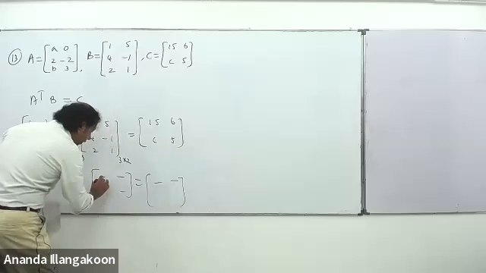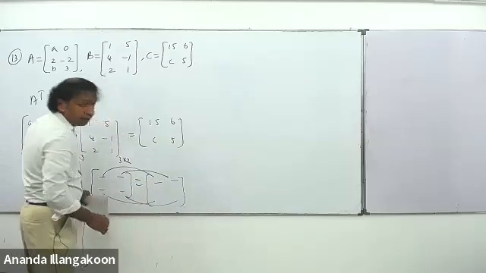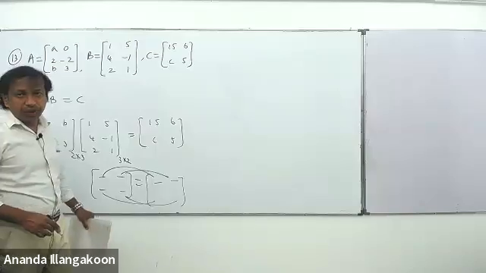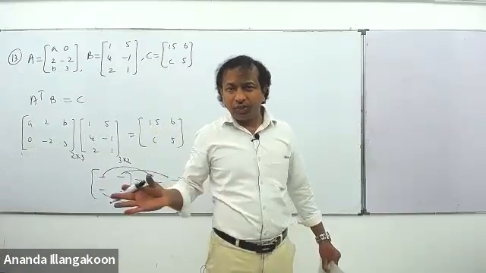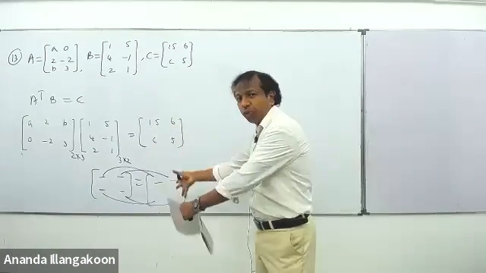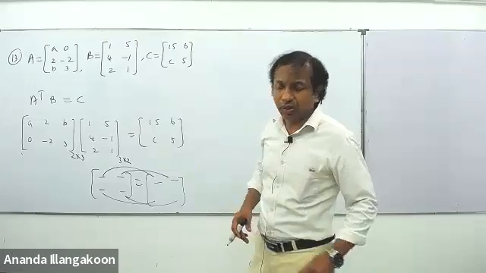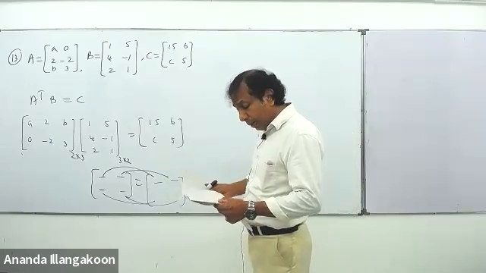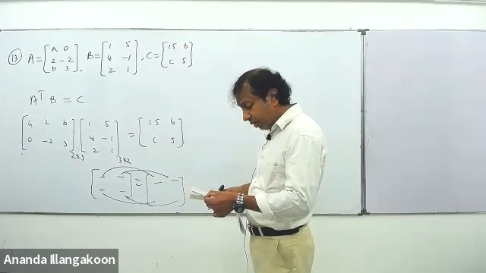Equate this element, this element, this element, this element. Then you get some equations. By solving, you can find A, B, C. I just have to multiply these 2 matrices and equate, solving equations only. I think you can do that, right? Then we get the values A, B, C this way.